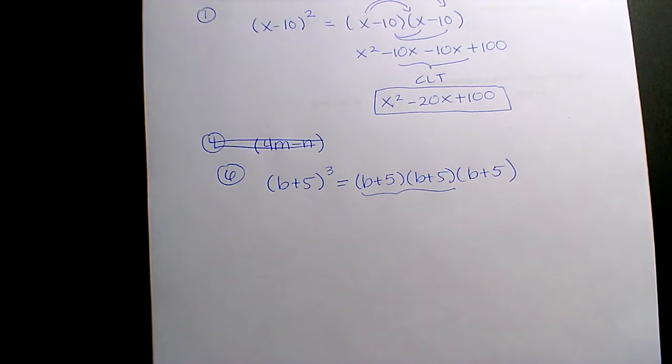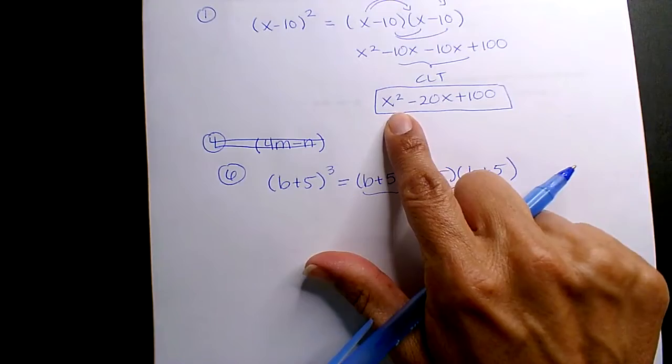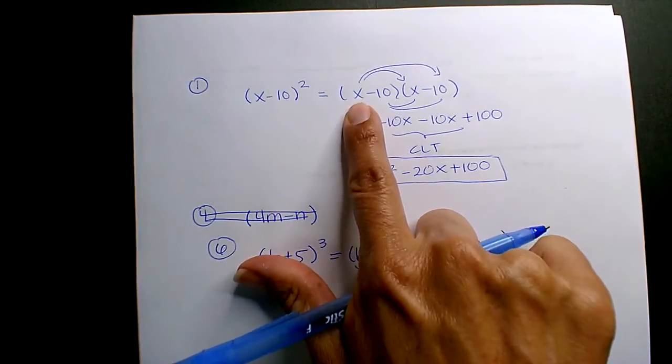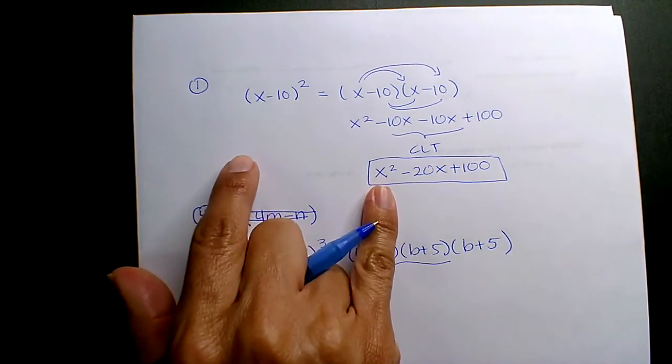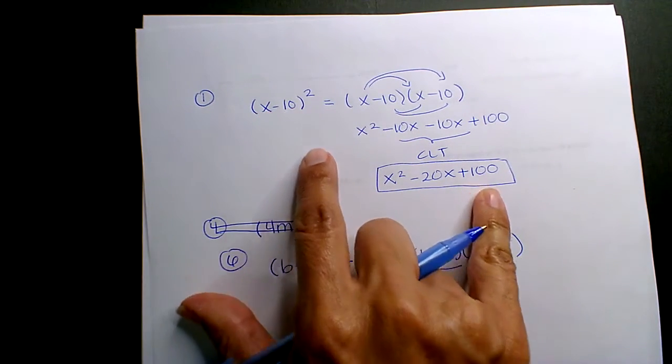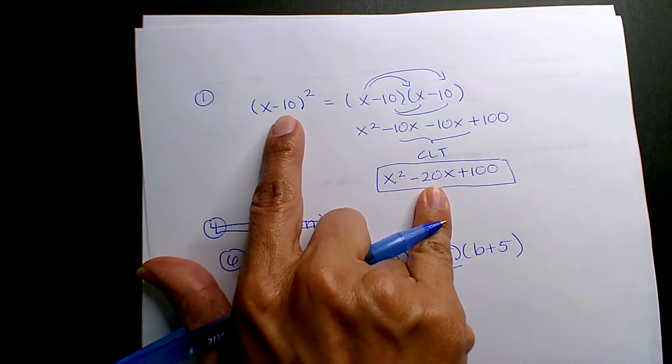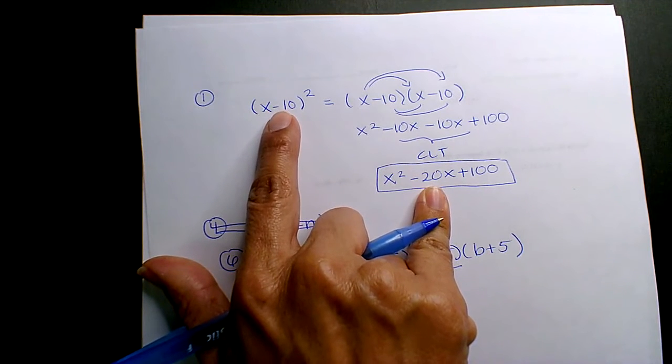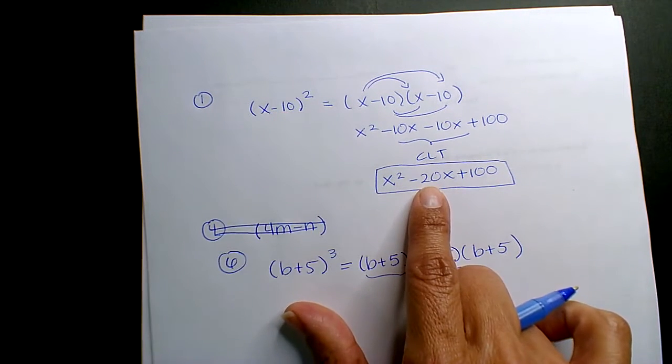Now, if you understand, like here, the first term is that term squared, so that's x squared. The last term is negative 10 squared, so that's 100. And then the middle term is x times negative 10, which is negative 10x, doubled, which is negative 20.